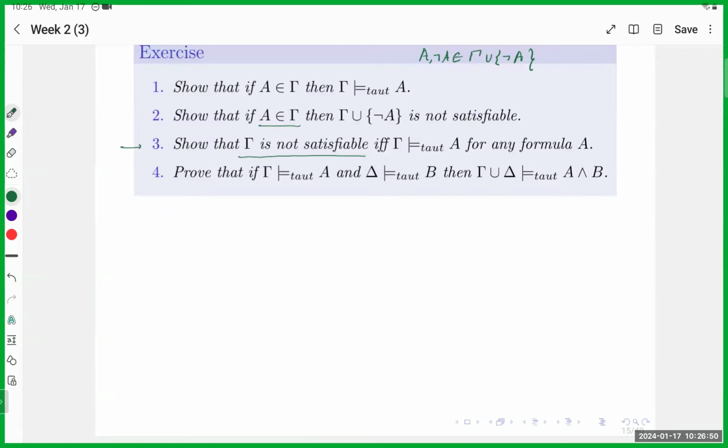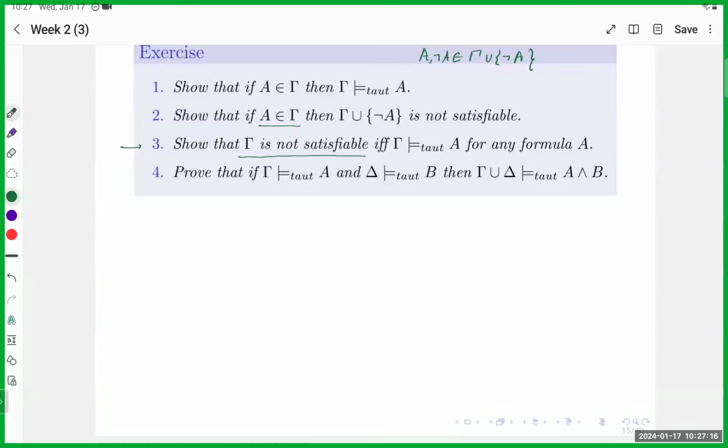Or, I said prove again, that's for later on in the course. You can conclude anything from gamma. An unsatisfiable set tautologically implies any formula, including bottom. When I say any formula, that means it even implies bottom. And this is kind of obvious.